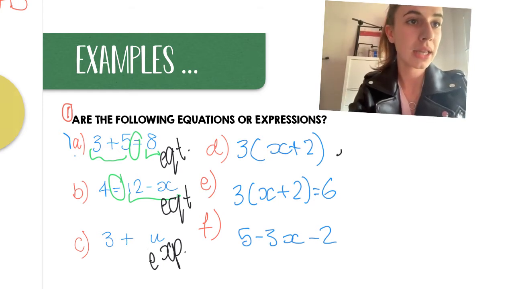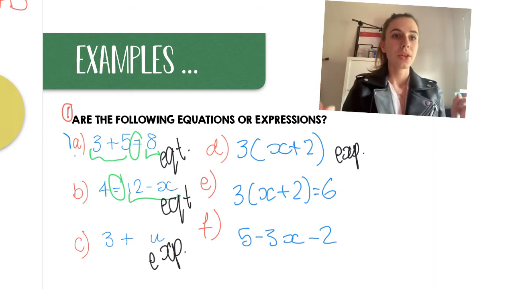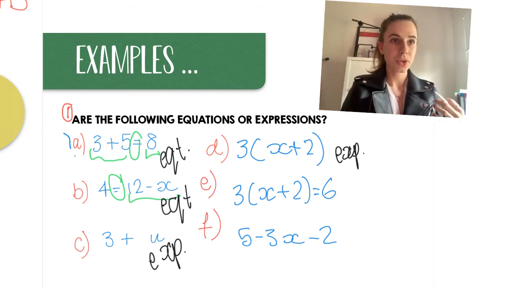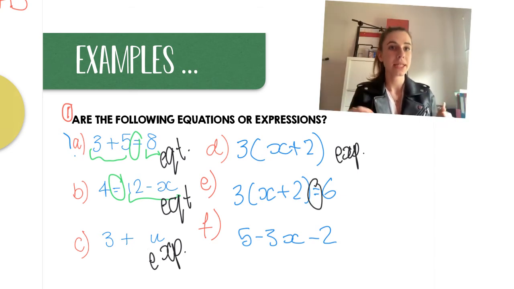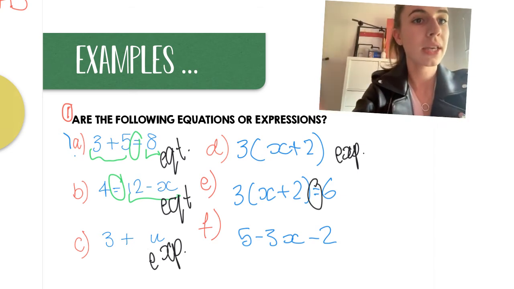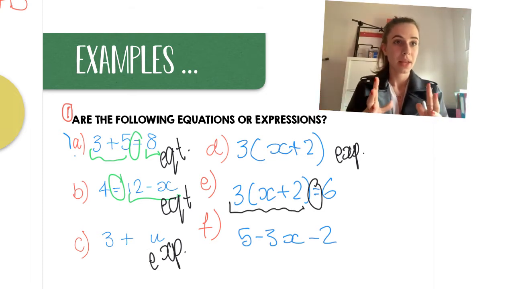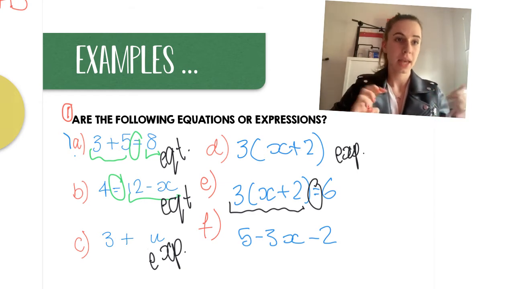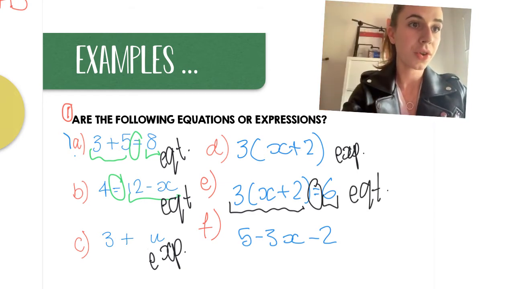So you can just write EXP, short for expression. E, 3 brackets x plus 2 equals 6. Okay, that equal sign there, therefore, implies that it's an equation. So what it's saying is this left-hand side, 3 brackets x plus 2, that is the same as 6. Okay, so we write EQT, short for equation.